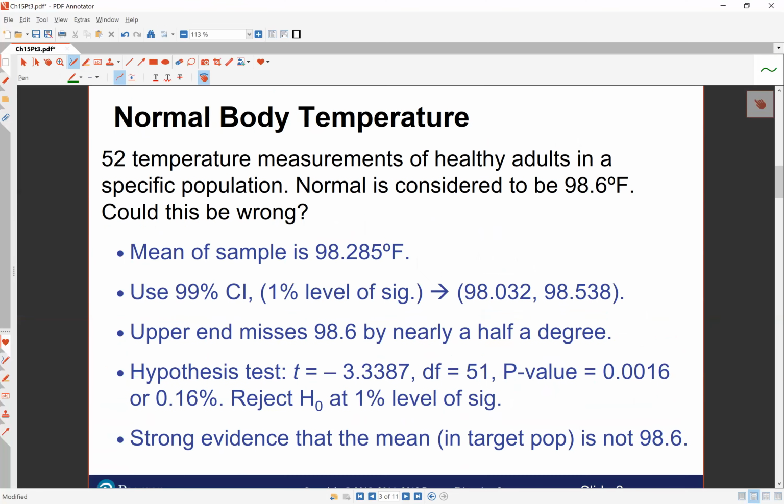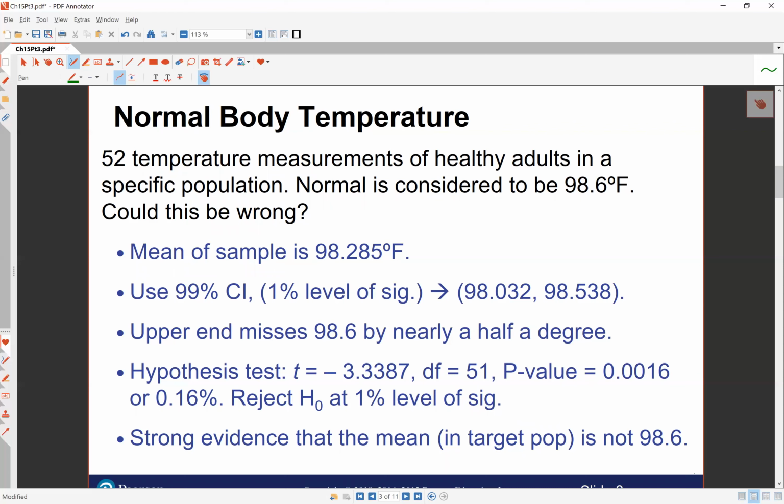So let's look at a quick example here. Not going to run through these calculations, but it would be a good idea if you sit down with this for a few minutes. Let's say we're investigating a population of healthy adults from a specific population. Now, most of the time, normal body temperature is considered to be 98.6 degrees.